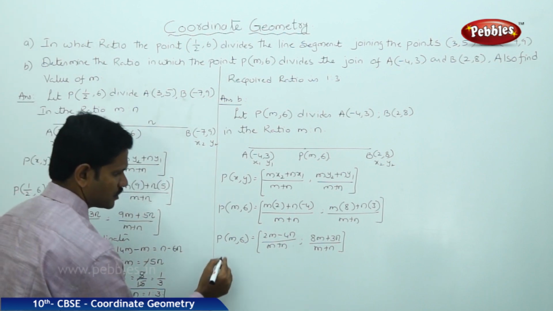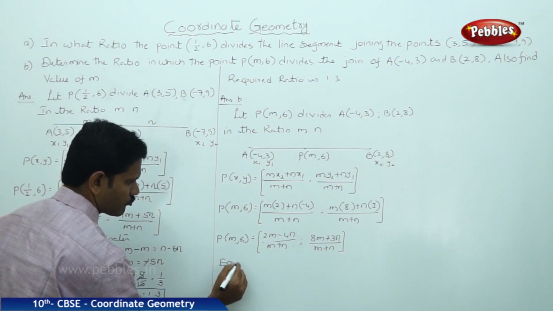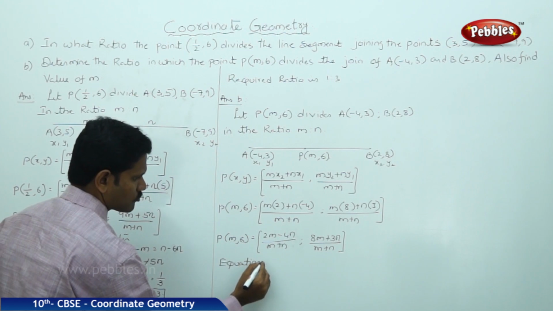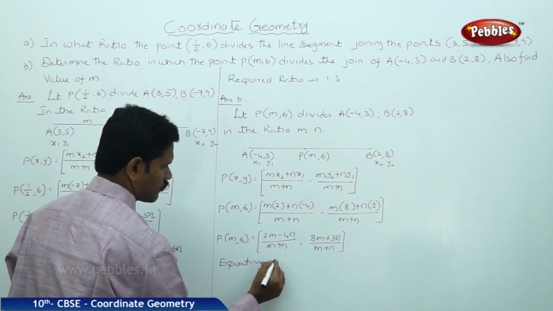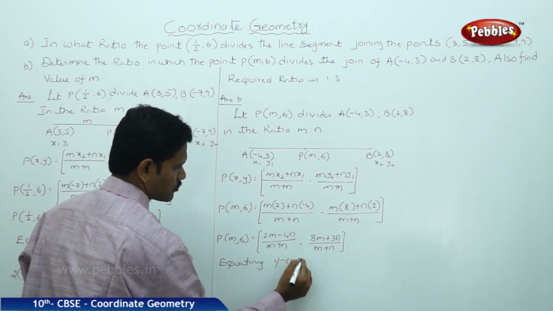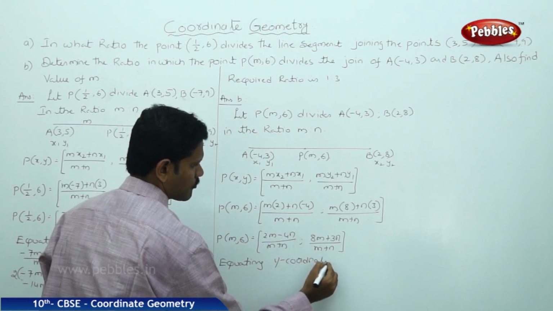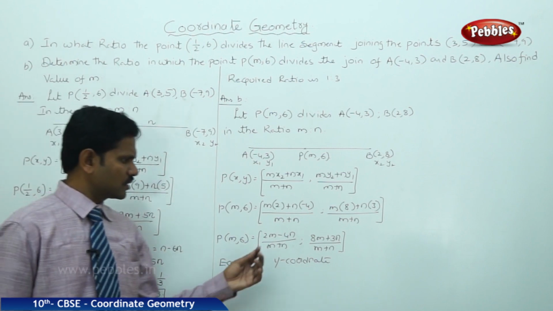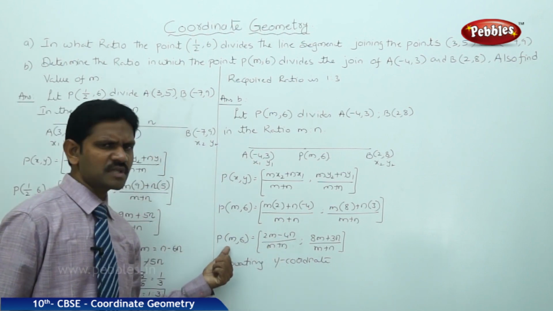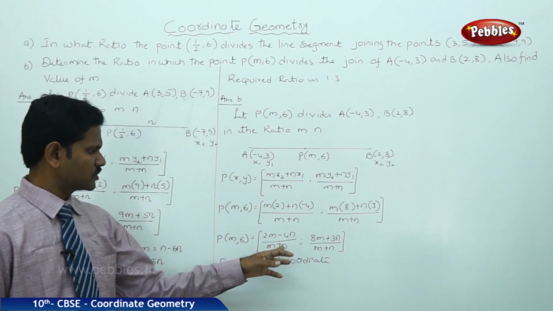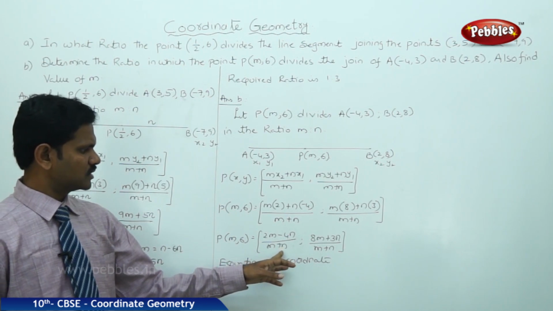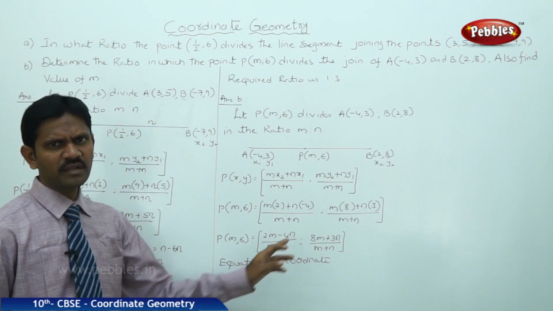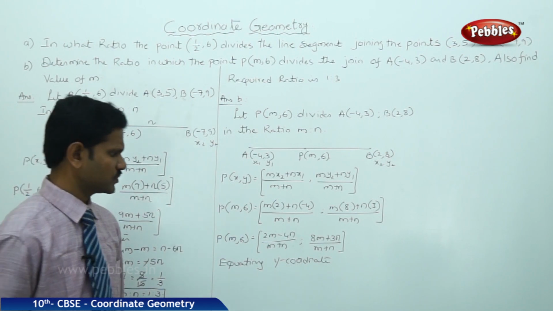That is equating y coordinates, y not x coordinates. In the x coordinates, m is the unknown value. Here m, n are also unknown values.